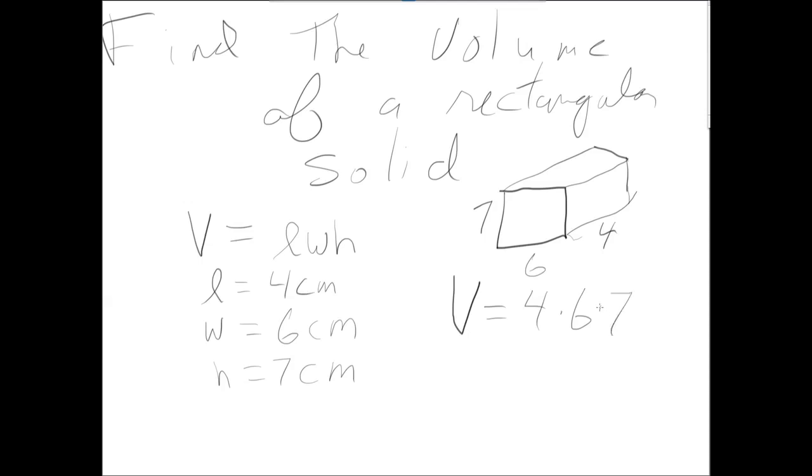And you notice in this case I'm putting the dots because I need to know that it is multiplication. If I just wrote 467, that's going to look like 467, and who knows what I get with that. And so 4 times 6 is 24, times 7, that's 168.